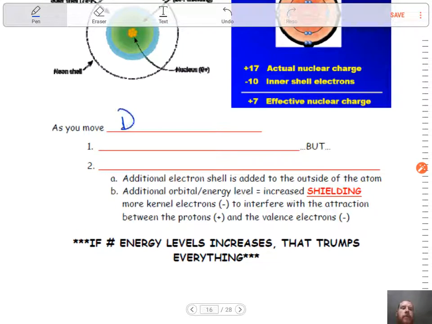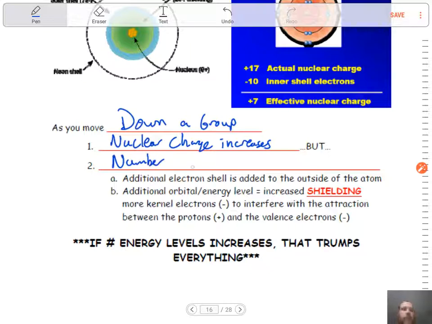Now, as we move down a group, okay, the nuclear charge increases. But the number of energy levels also increases.